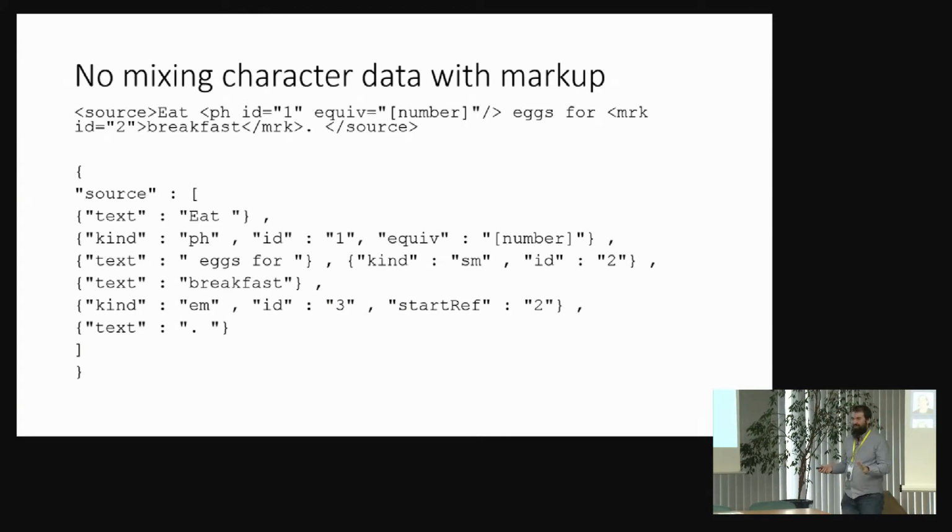This is an anonymous source object, which has a required property source. And as I said, no mixing character data with markup. So you need to have a text key-value pair for each character data piece from the XML.